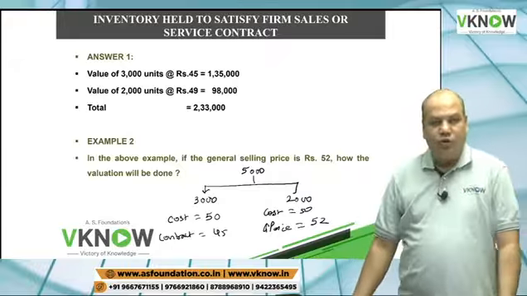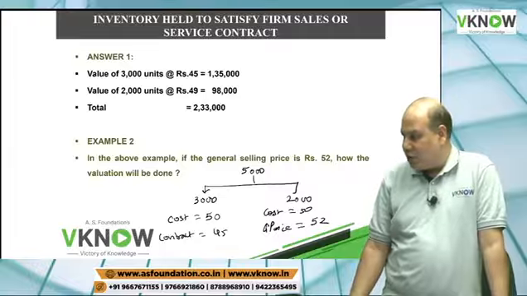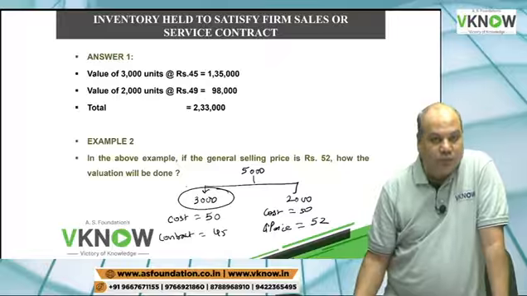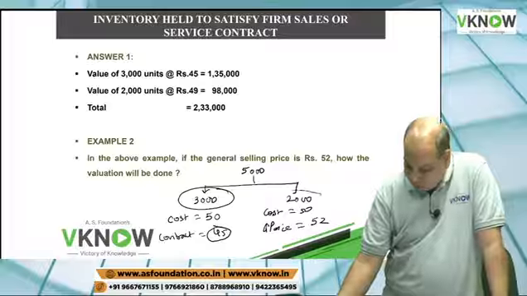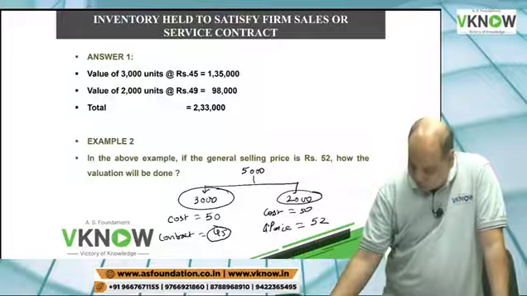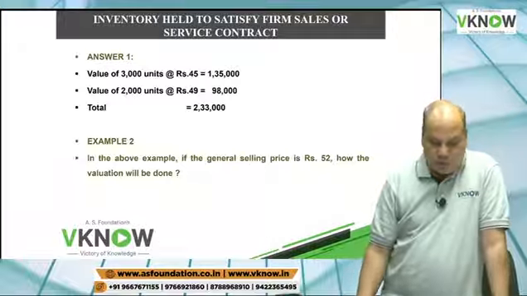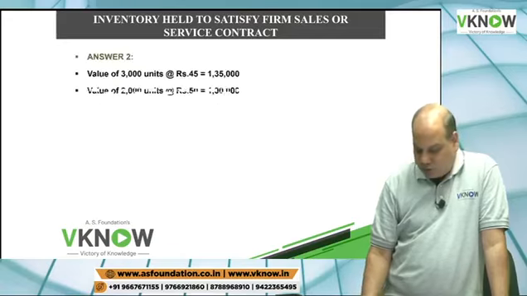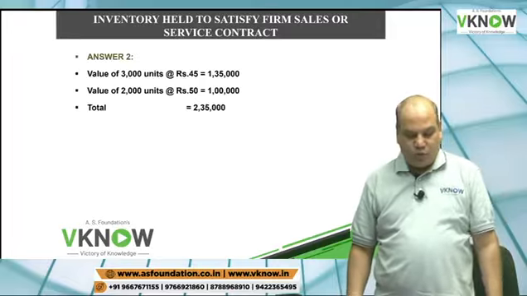So what is the value of inventory? Try fast. The 3,000 units will be valued at 45 and the 2,000 units will be valued at the lower of the two, cost 50 rupees. Therefore, the answer for this question will be 2,35,000. Okay.